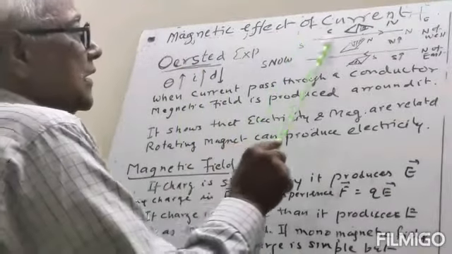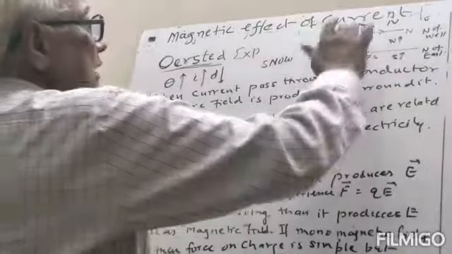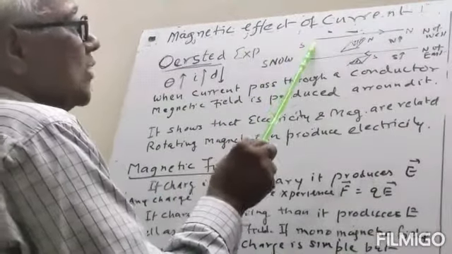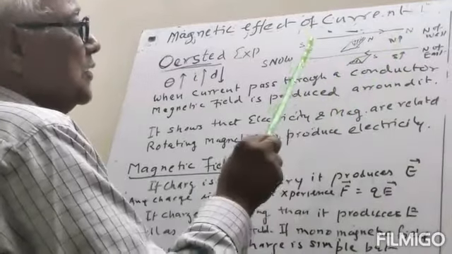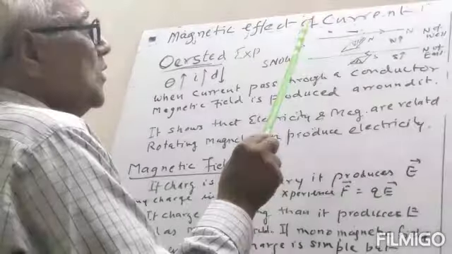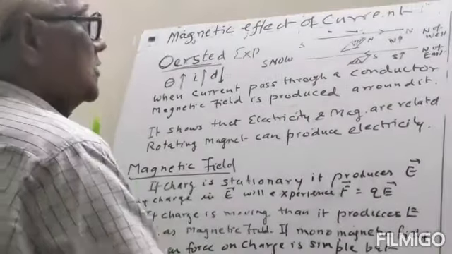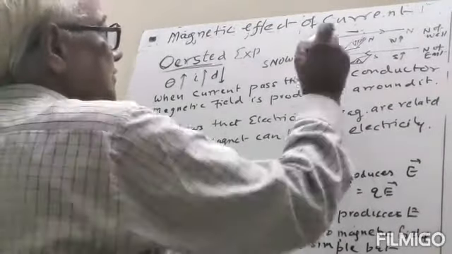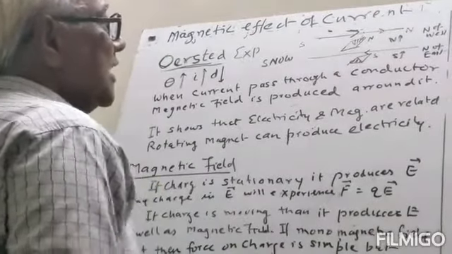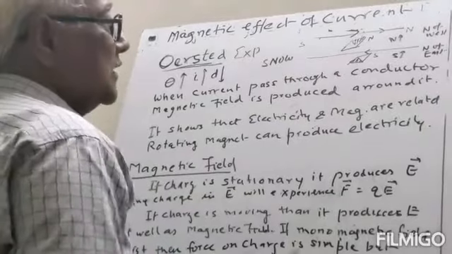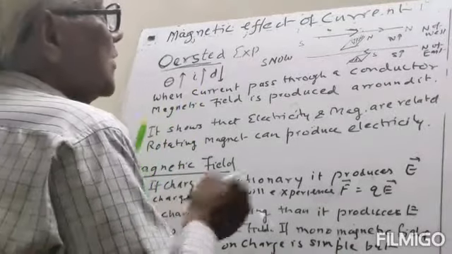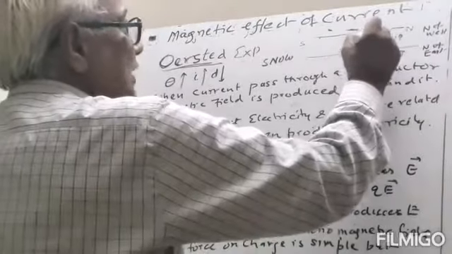But if we take a conducting wire, and this direction is south to north, we put the conducting wire. When the current passes from south to north direction, then we see that the magnetic needle which is below this wire will deflect towards west.